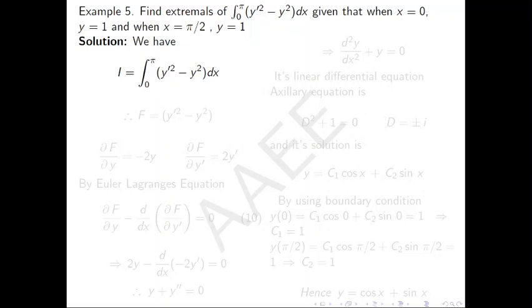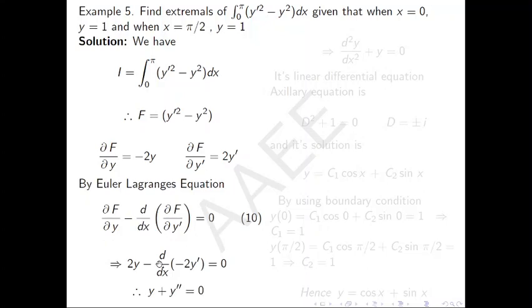Let us take the integrand as f. Differentiating with respect to y and with respect to y dash, we get del f by del y is equal to minus 2y, and del f by del y dash is equal to 2y dash, since it is a partial derivative.